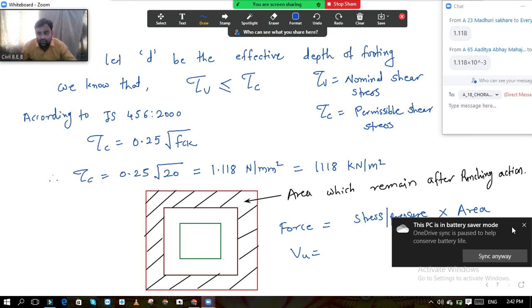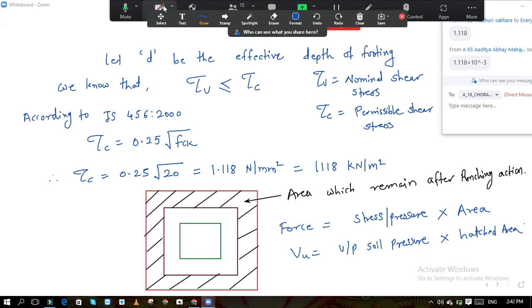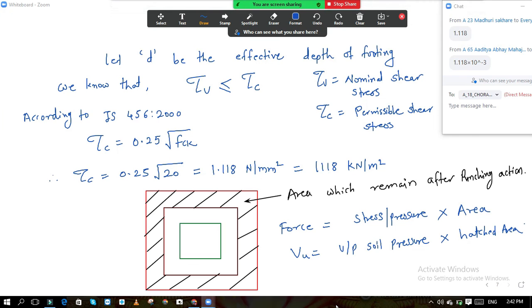What is the stress and area? Here we will take the stress as the upward soil pressure. It will be generated due to the upward soil pressure. And area is nothing but the hatched area which I have shown over here. This area is required to calculate the shear force Vu.